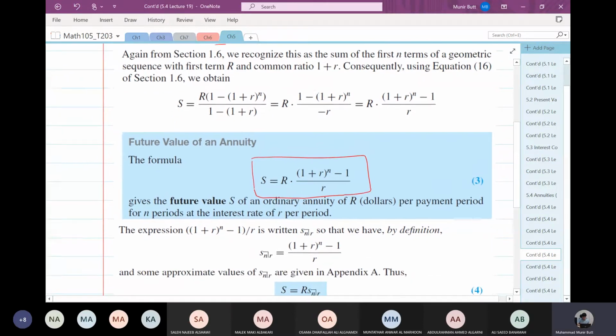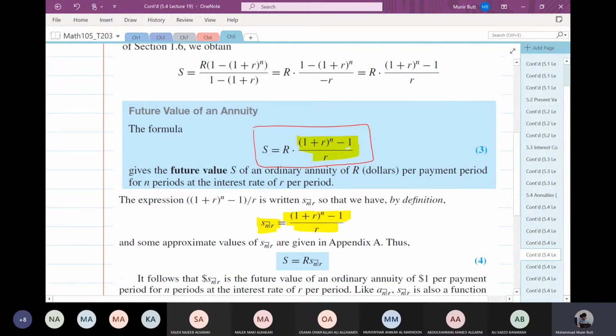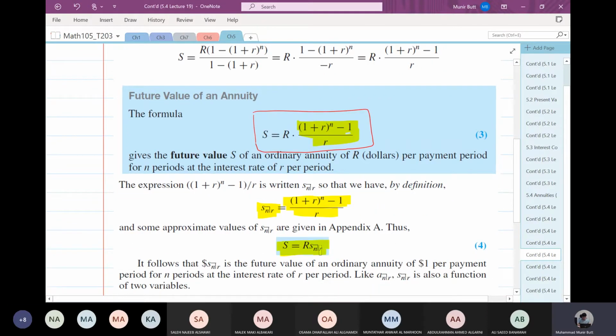So similarly, as in the last lecture, we can write this part which is here into a sum notation. So we called it s n angle r, and we call this this factor. So therefore the formula for the S will become this capital R, and into that s n angle r, means the approximate value will become this one.